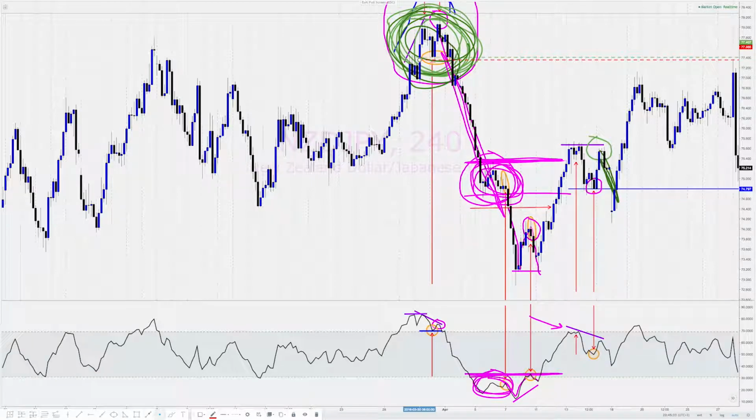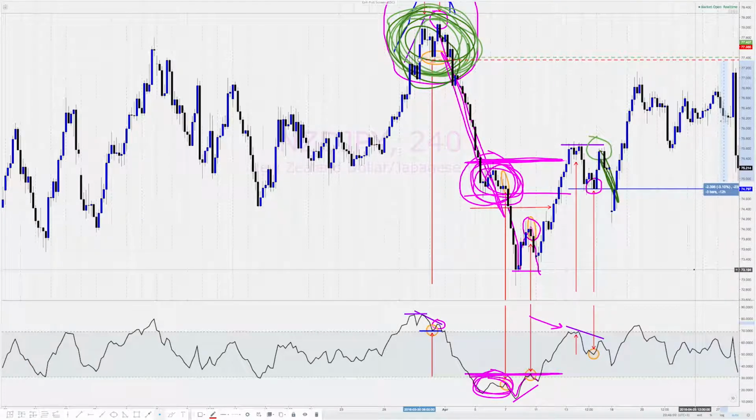And you can see how strong this entry level was, because we just got stopped out in profit exactly, and then a drop for 240 pips within the time of one session, about 8 hours.